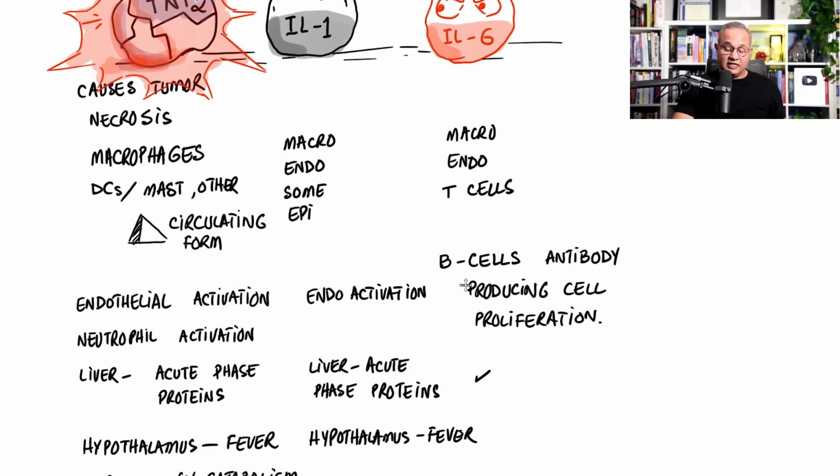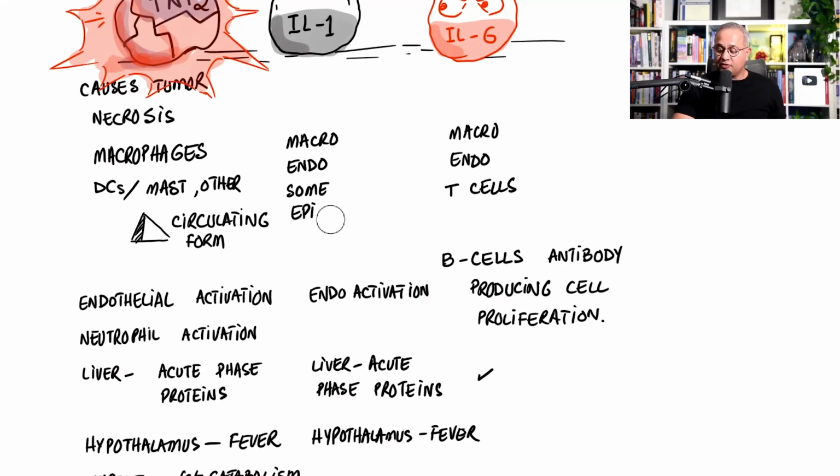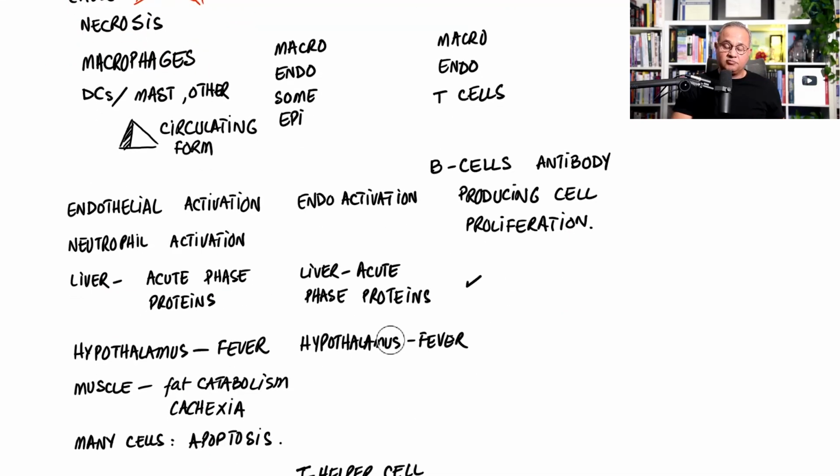Interleukin-1 is released by macrophages, endothelium of the blood vessels, and some epithelial cells can release it too. And interleukin-1 can cause endothelial activation. It influences the liver cells, especially for the acute phase proteins, complement proteins, and others, as I mentioned. Interleukin-1 does act on the hypothalamus as well, changes our temperature set point, causes fever.